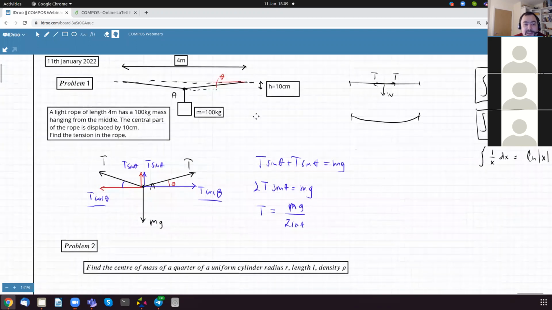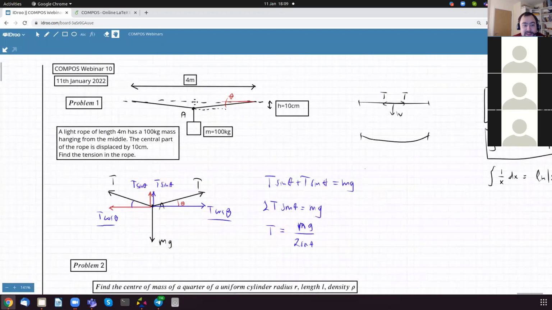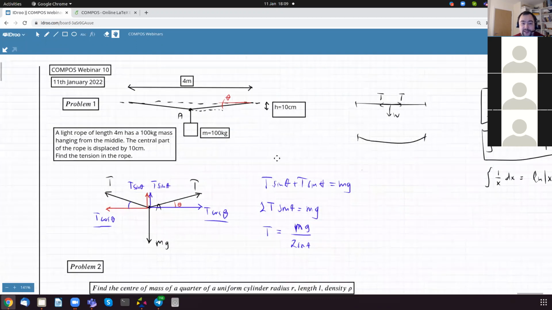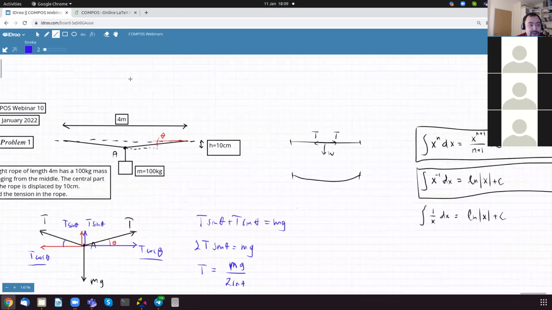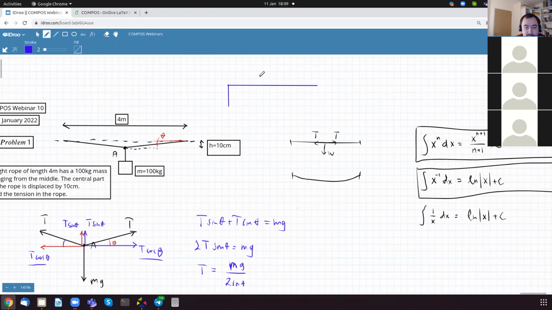We know that this is 10 centimeters and this is half of the rope, so it's 2 meters. So we can draw it like this: this is 10 centimeters and this is 2 meters, so this is 200 centimeters and this is 10 centimeters.